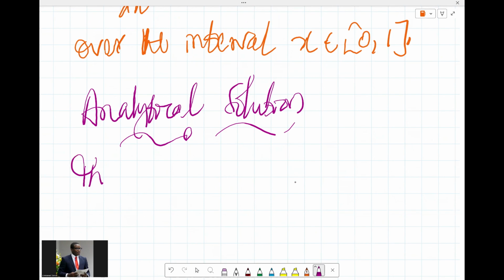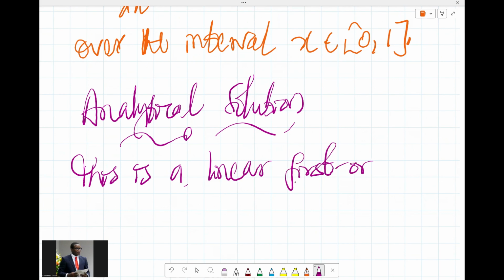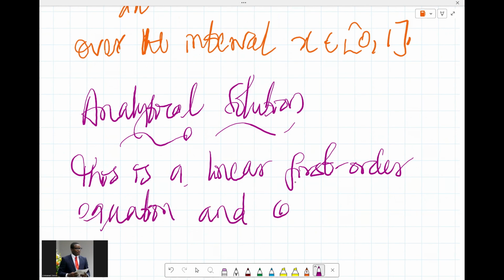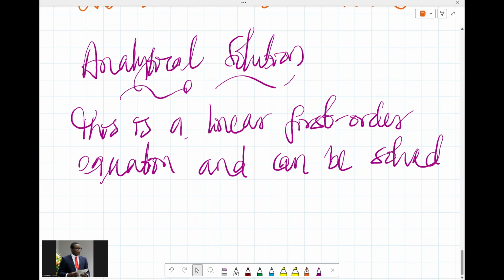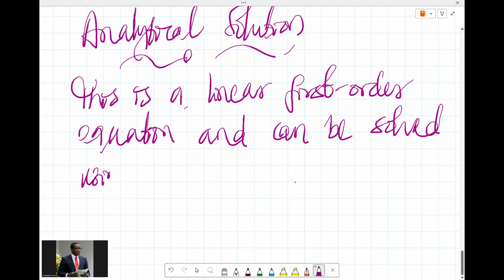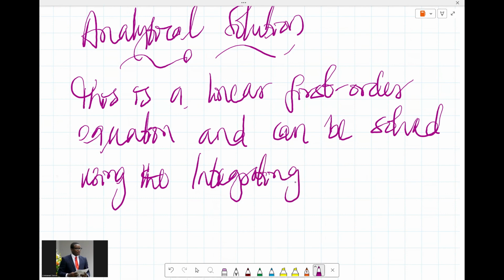This is a linear first order equation and can be solved using the integrating factor method. So watch out for my playlist on differential equations.